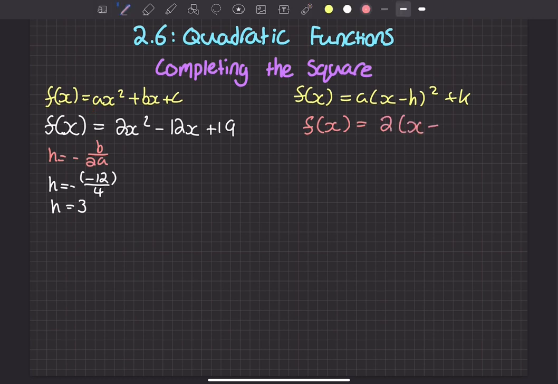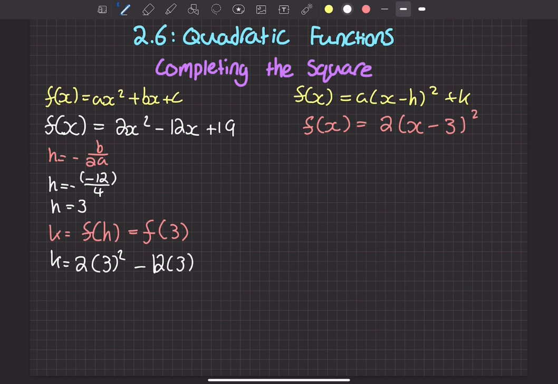Now we just got h is 3, and now we need to find k. And as we said, k equals the function of h. And since h is 3, k is just the function of 3. So k equals 2 times 3 squared, minus 12 times 3, plus 19.